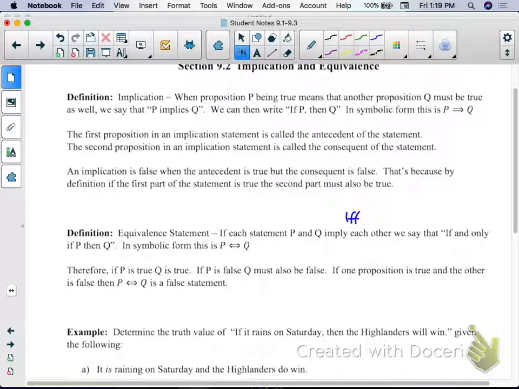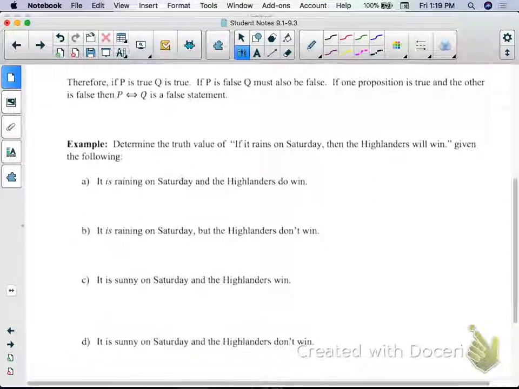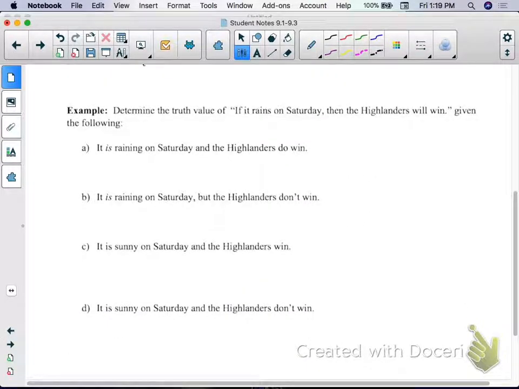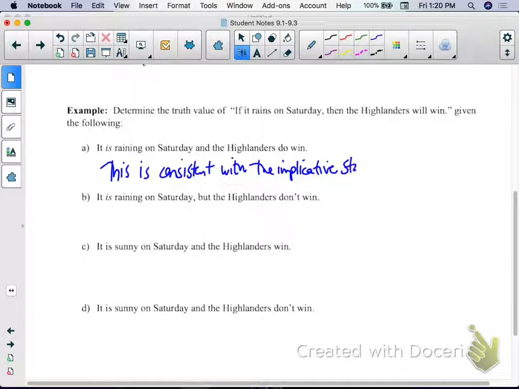So first, determine the truth value of "if it rains on Saturday, then the Highlanders will win," given the following. Okay, so let's say that it is raining on Saturday and the Highlanders do win. So this is consistent with the implicative statement, which is what we were given.